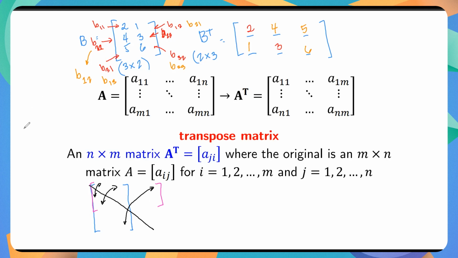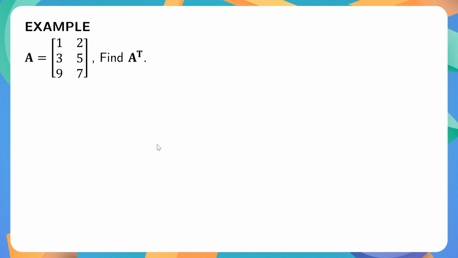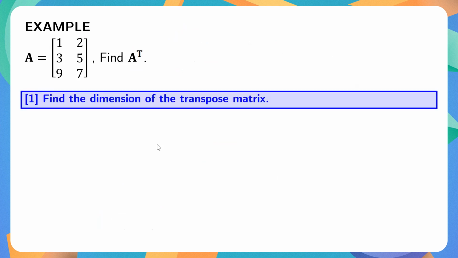So that is basically the idea for a transpose of a matrix. You can think of this as having a diagonal and you're sort of flipping all the values. So that is the concept of transpose of a matrix. Now we have an example over here. To find the transpose of a matrix, given a 3 by 2 matrix A, first find the dimension of the transpose matrix.